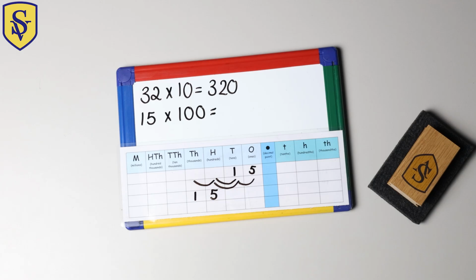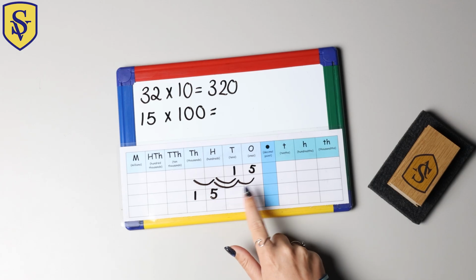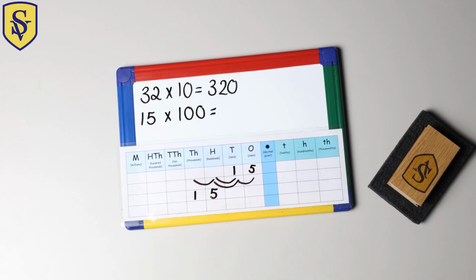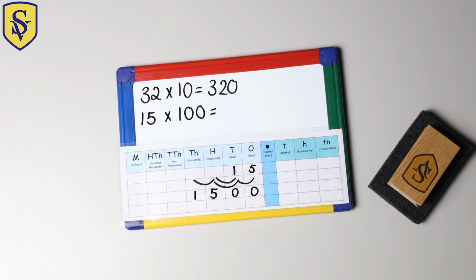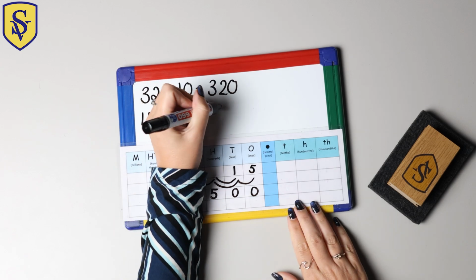And just like in the previous question, we have 2 empty columns, which you can't have, so we're going to put a placeholder in, which is going to be a 0 and another 0. So 15 times 100 is going to be 1,500.